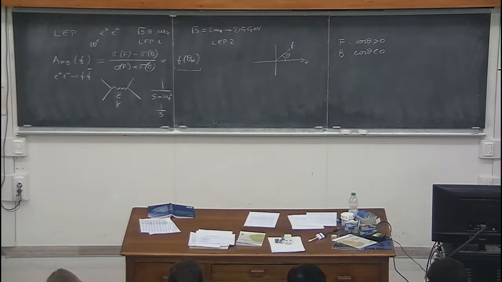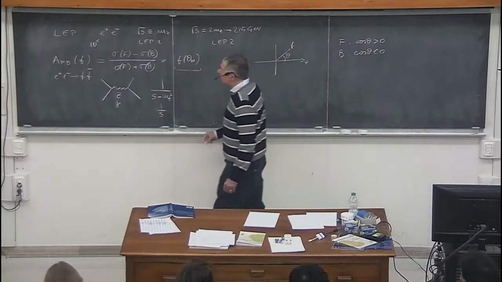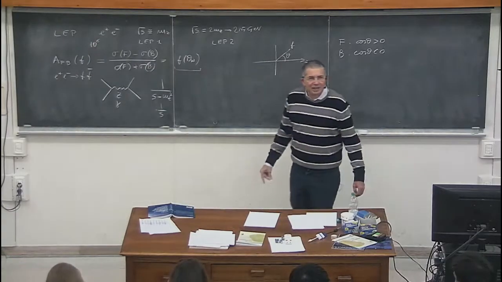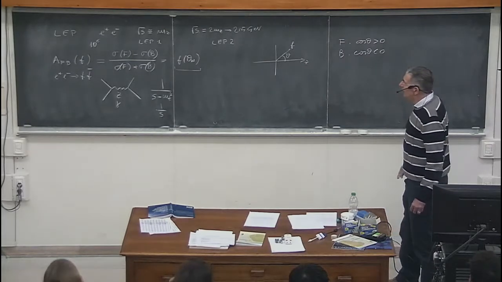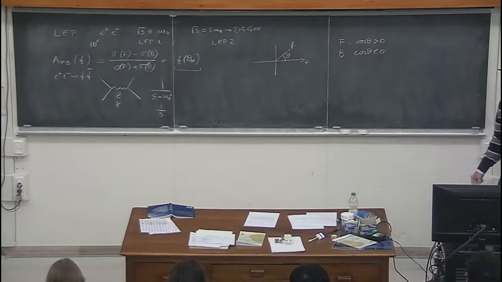You can look at the LEP cross-section working group, which is still working. They are still updating LEP data analysis after so many years, and you can check at what level the standard model predictions are checked by this set of experiments.